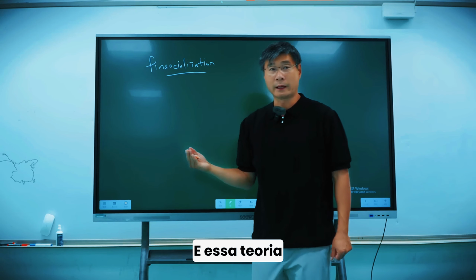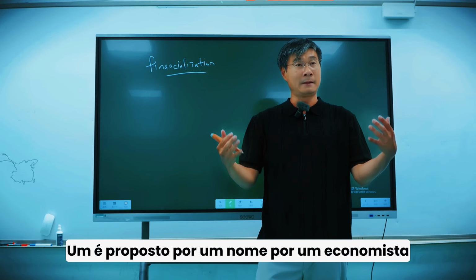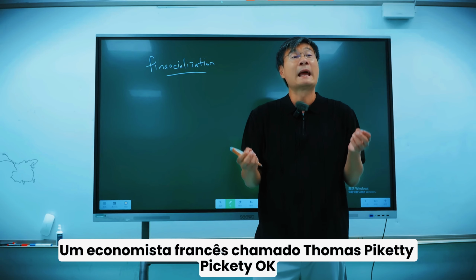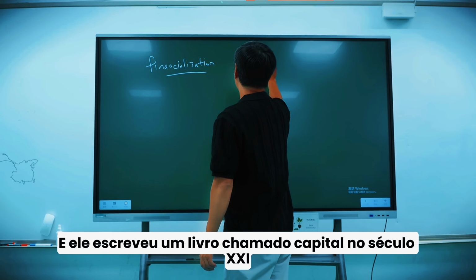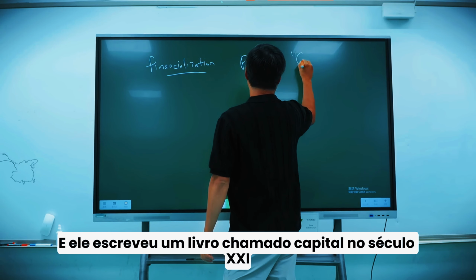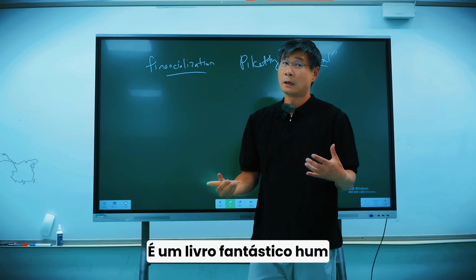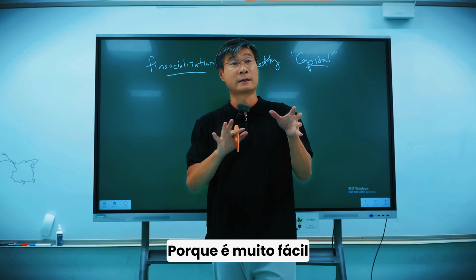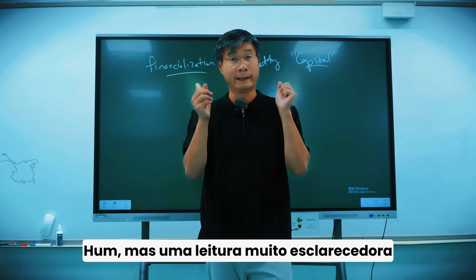And this theory is proposed by an economist, a French economist named Thomas Piketty. Okay? And he wrote a book called Capital in the 21st Century. It is a fantastic book. You don't have to read the book, but if you have a chance, you should definitely pick it up because it is a very easy but very illuminating read.